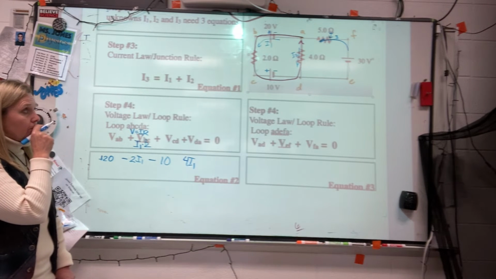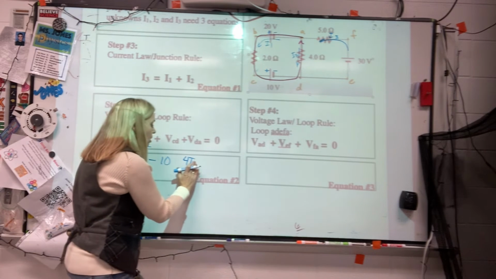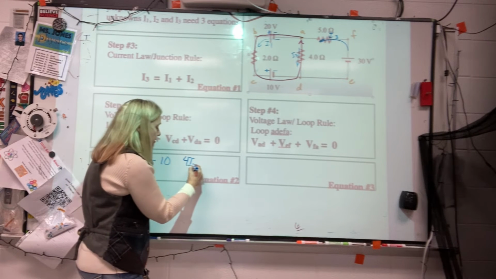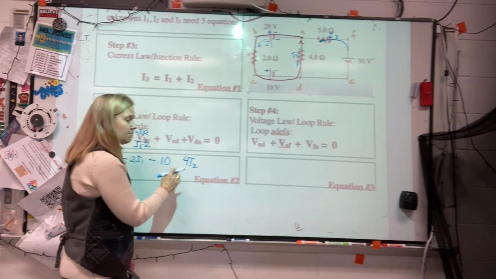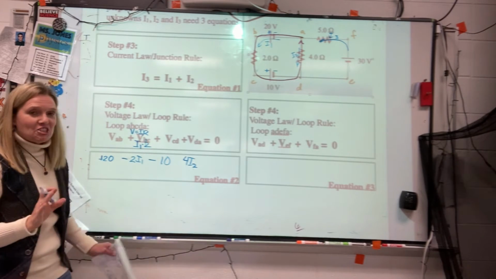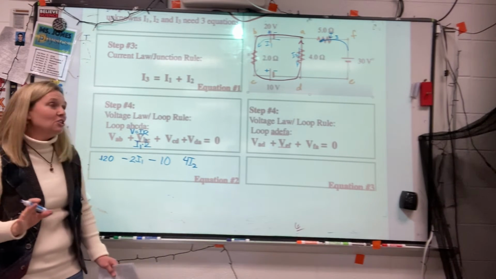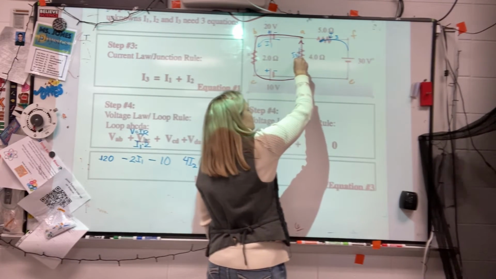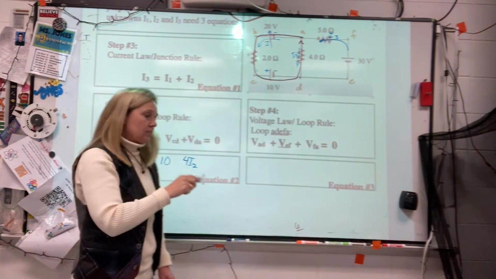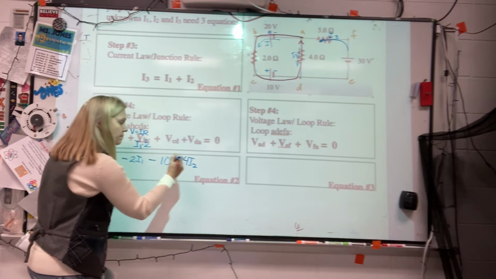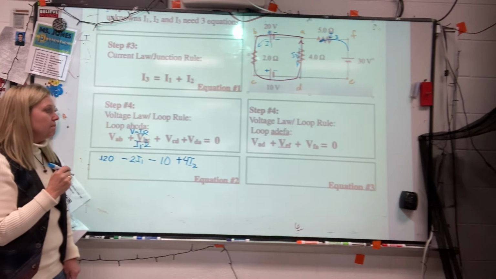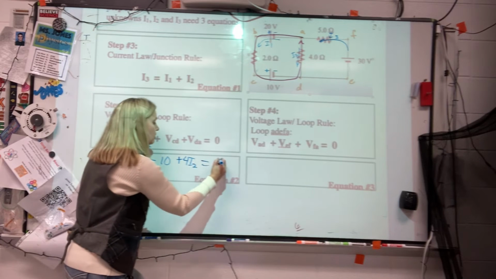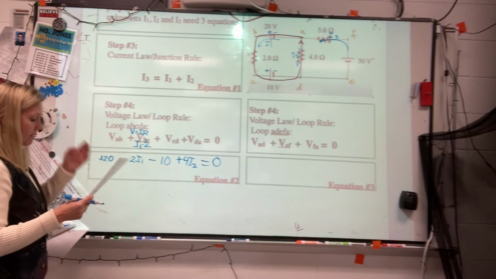I'm sorry, I was stuck. It's I2, and the sign, we are going this way, upstream, so positive. Equals 0. Sweet.